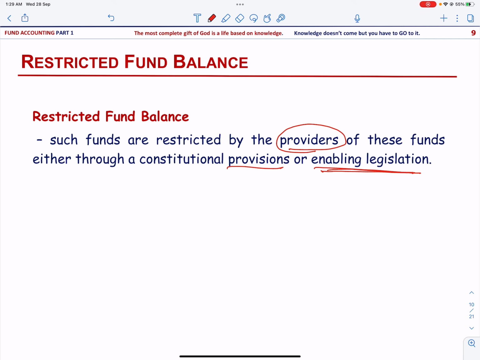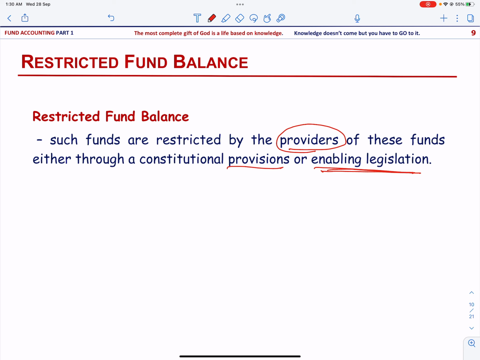So all the taxes collected on food and beverages by the state can be spent on street maintenance, and this is the restriction. Or the restriction could be externally imposed, maybe by the creditor or bondholder, grant provider, contributor, or imposed by law through constitution or by enabling legislation.